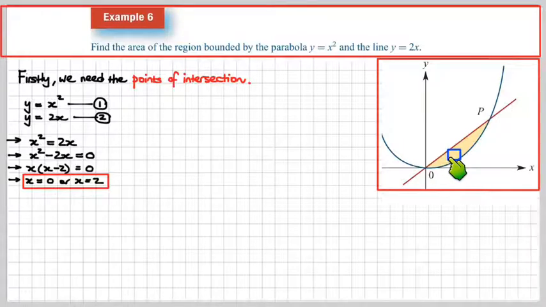So we've got to work out whether we've got a positive signed height or a negative signed height, and similarly whether we've got a positive signed width or a negative signed width, because when you multiply the signed height by the signed width, that determines whether your integral is going to be plus or minus. For an area we need it to be plus. We can't have a negative area, so you've got to do a little bit of smoke and mirrors on your integral to make it come out positive so it coincides with an area.